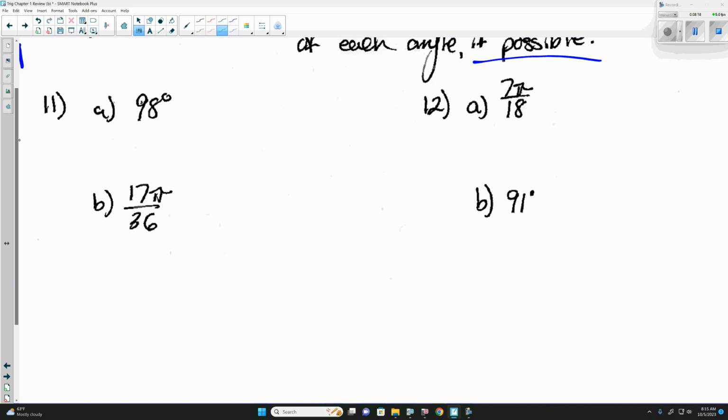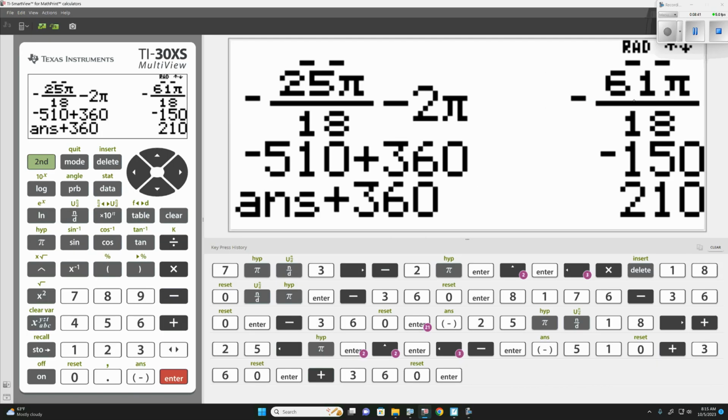Let's look at 11 or 12. Which one do we want to look at? 12. 7 pi over 18. So to find the complement, we're going to subtract it from pi over 2. Now you can do this in a calculator.